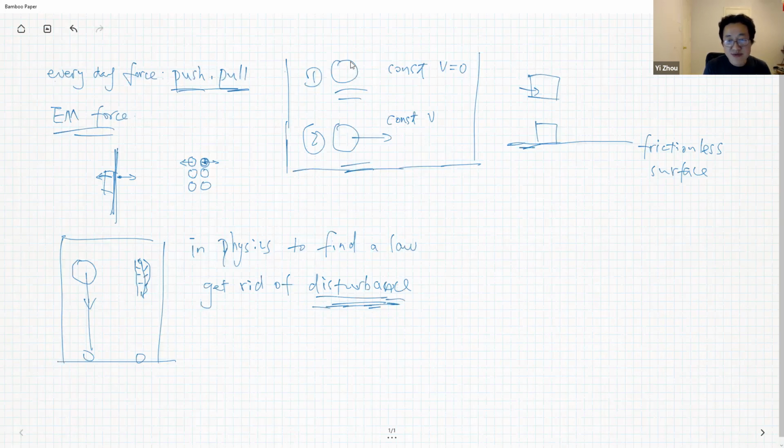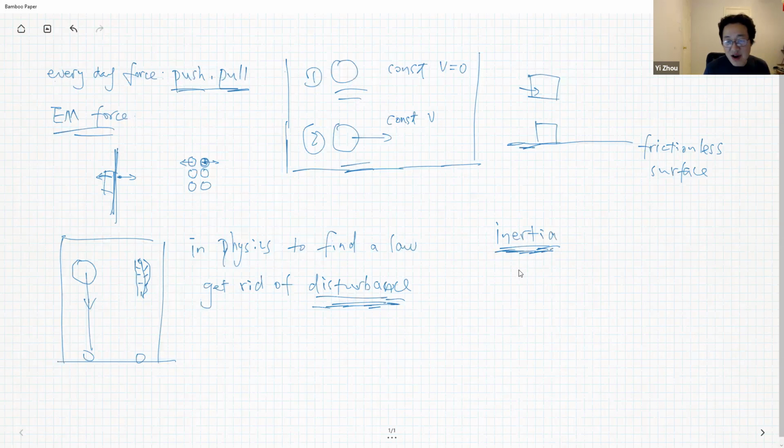It will either be moving with constant velocity or not move at all. Right? If you don't apply a force on it, it will keep its original status. So we call this inertia. It's called the law of inertia. That means objects want to keep their original status.